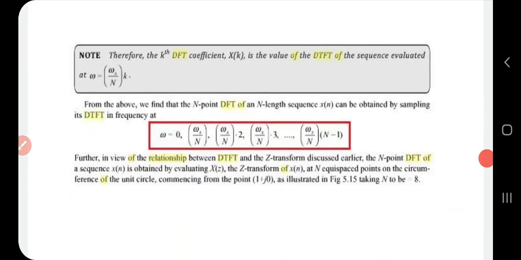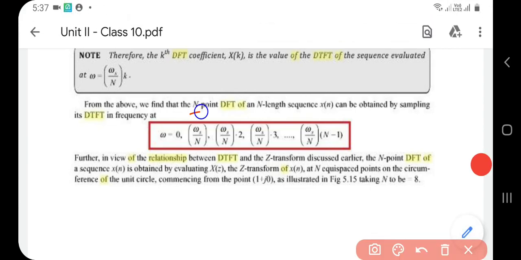So from the above we can say that an N-point DFT of an N-length sequence x of n can be obtained by sampling its DTFT in frequency.